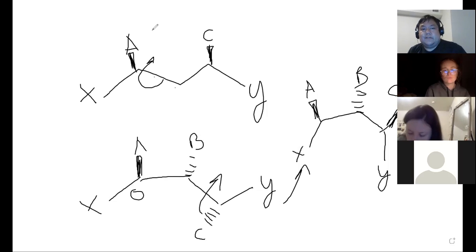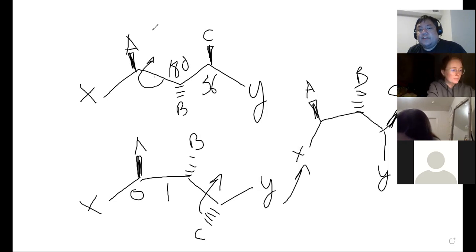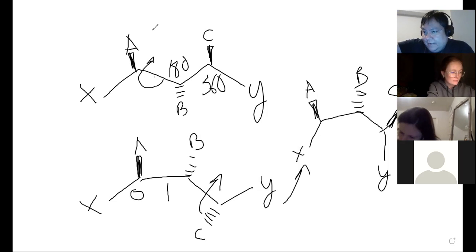Yep, I rotated it once. Sorry, let me draw. I rotated this 180 degrees, and then this got rotated 360 degrees, right? Because it got rotated when I rotated the first thing, and then I'm rotating it a second time. So if I rotated a second time, 360 degrees, I end up back in my original position. Does that make sense?